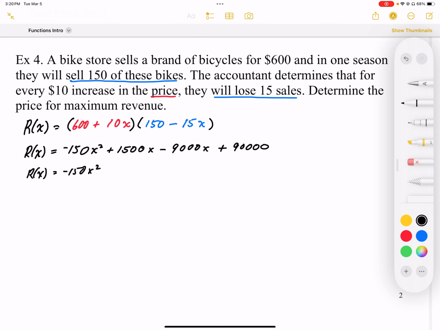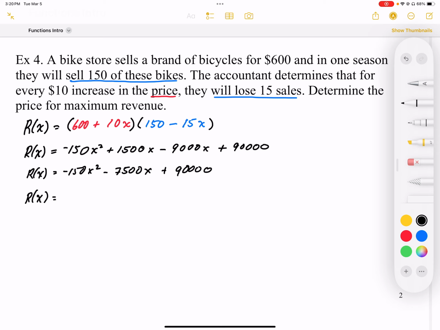So negative 150x squared minus 7500x plus 90,000. Okay, so when I don't make any changes, my y-intercept, or my initial revenue, is going to be $90,000. So I want to find the maximum, so I'm going to find the vertex.